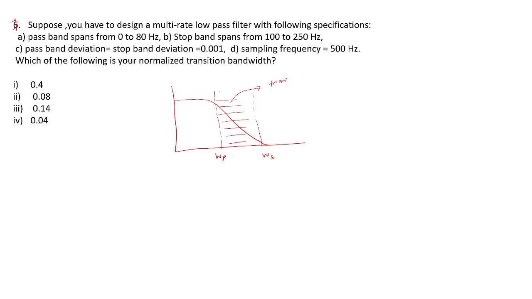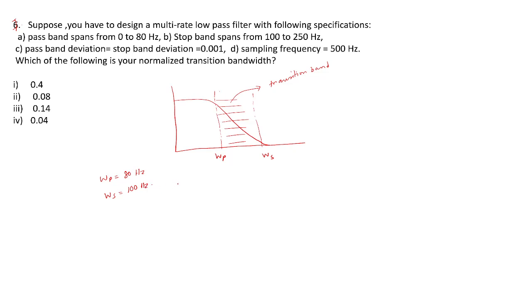We have seen this in lecture multiple times. So it says that the pass band spans from 0 to 80 Hz, therefore WP, the pass band edge, corresponds to 80 Hz, and the stop band spans from 100 to 250, therefore WS is 100 Hz.